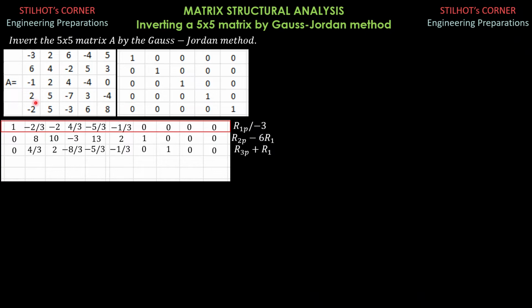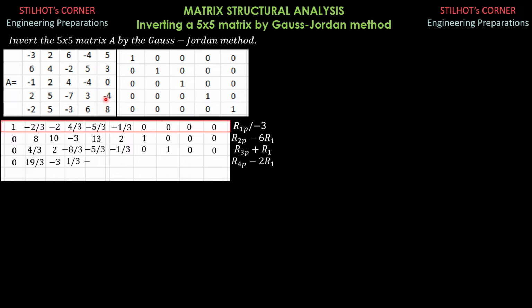Then row 4, this is 2. So row 4 previous minus 2 times row 1. So 2 minus 2 times 1 is 0. 5 minus 2 times negative 2/3 is 19 over 3. Negative 7 minus 2 times negative 2, negative 3. 3 minus 2 times 4/3 is 1/3.